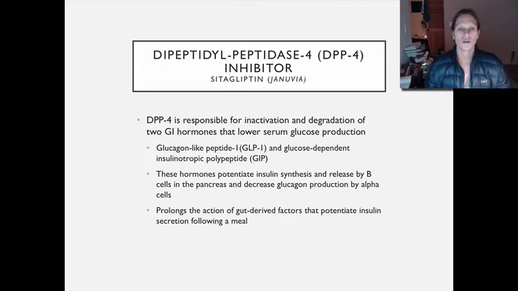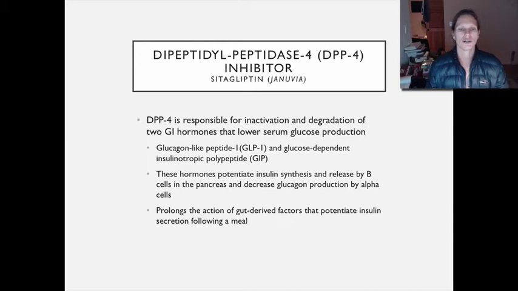What these hormones do is potentiate the insulin synthesis and release by the beta cells of the pancreas, and they decrease glucagon production by alpha cells.